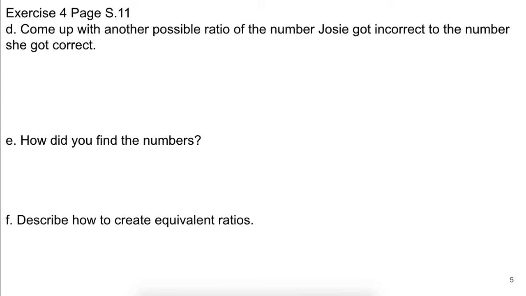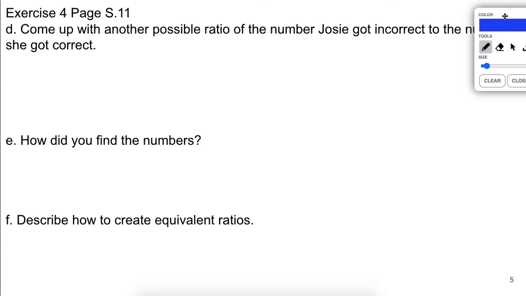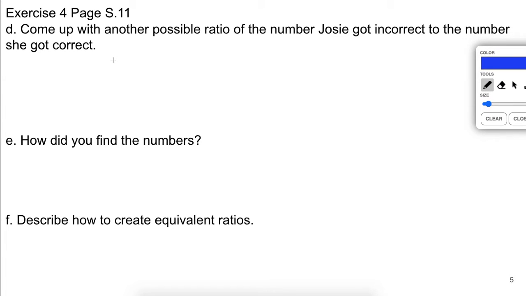So again, we started with 2 to 9. Just like equivalent fractions, we can multiply that by anything. So I'm just going to give you one. We could just say 3 over 3, and that would give us 6 to 27.